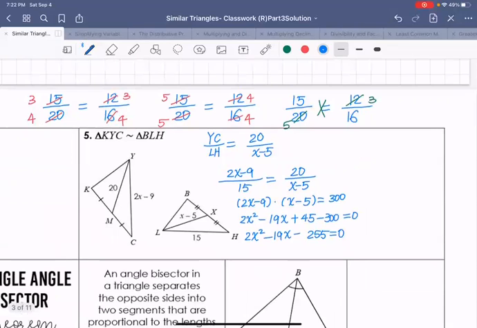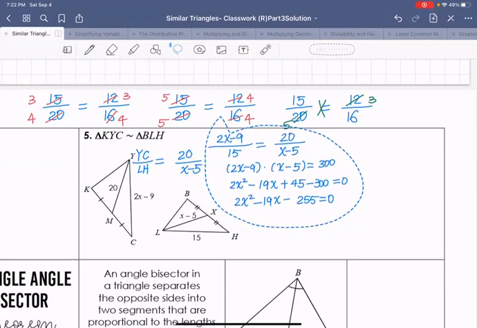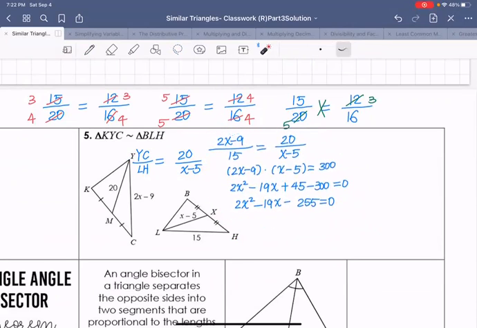Now let's factor. Let's see how do we factor 255. This is divisible by how much? 5. If the digits of a number add together to a multiple of 3, the number will be divisible by 3.